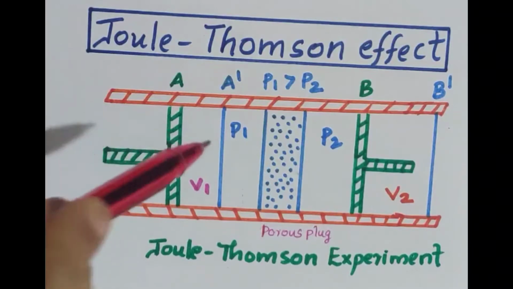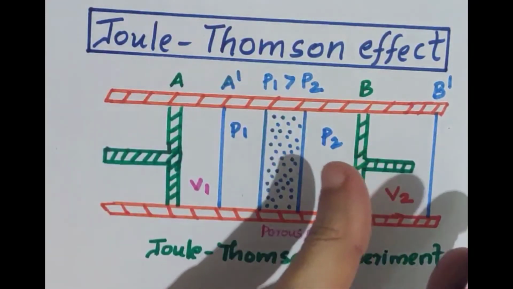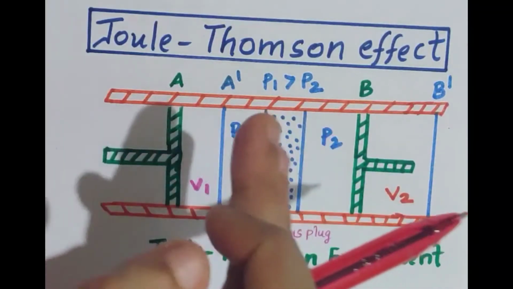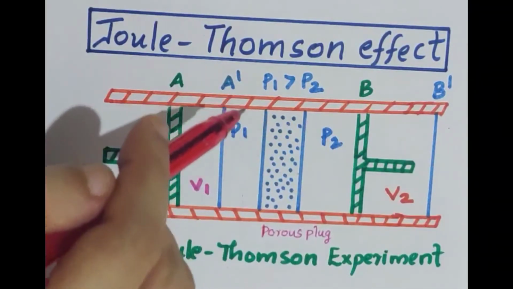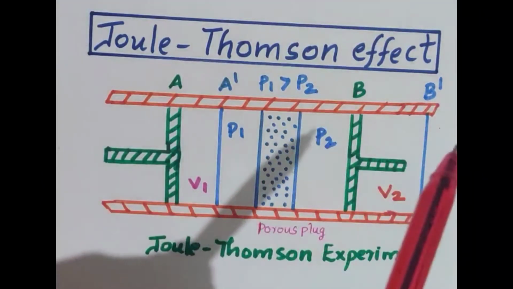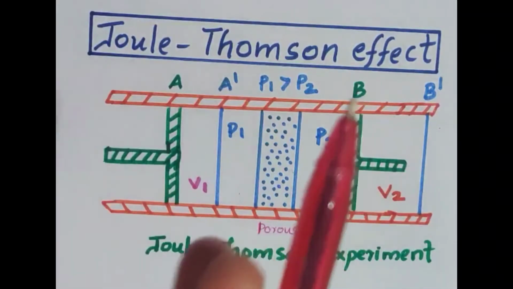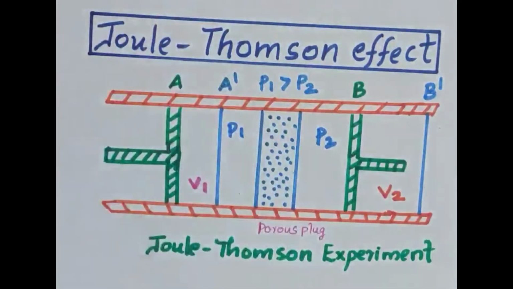When the gas expands from high pressure to a lower pressure through a small hole, it will cool. This effect is called the Joule-Thomson effect, and this process should be adiabatic.